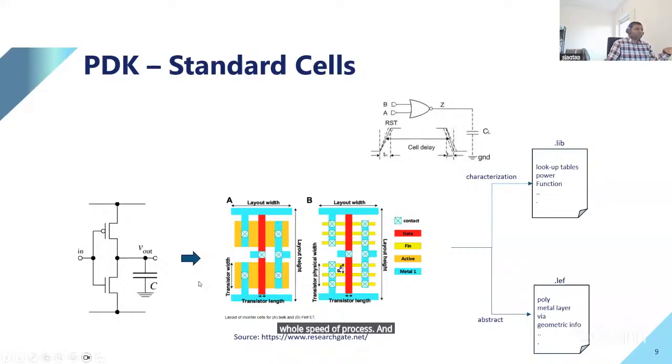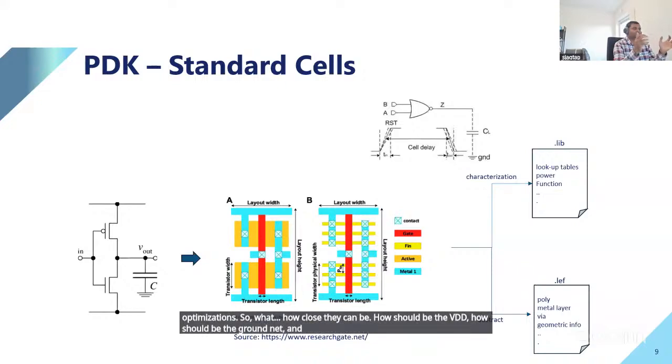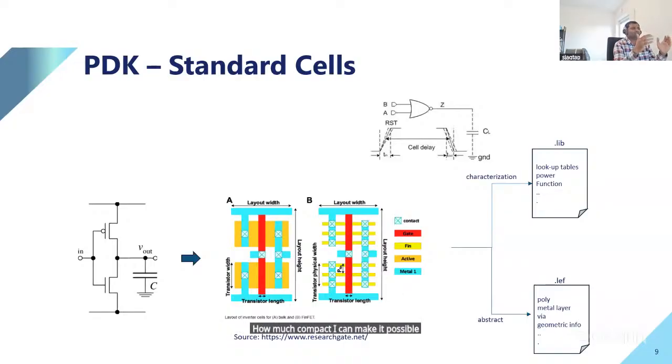And again, to lay out this chip, you cannot handcraft each transistor. They crafted this manually. They laid out this inverter by hand, and they performed all possible human optimizations: how close they can be, how the VDD net should be, how the ground net should be, and how compact it should be, how compact I can make it so that it is manufacturable.